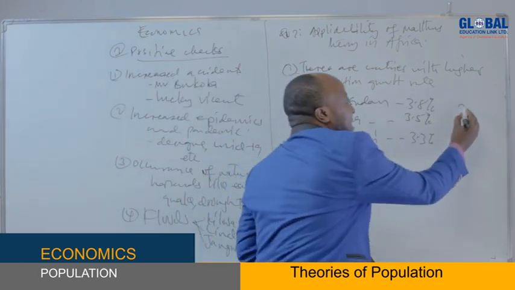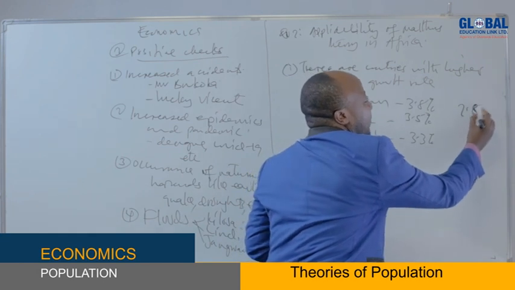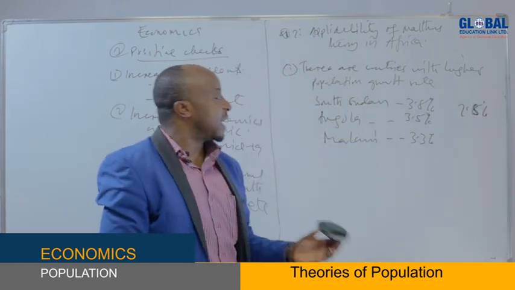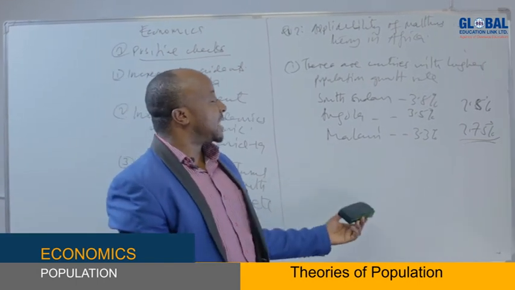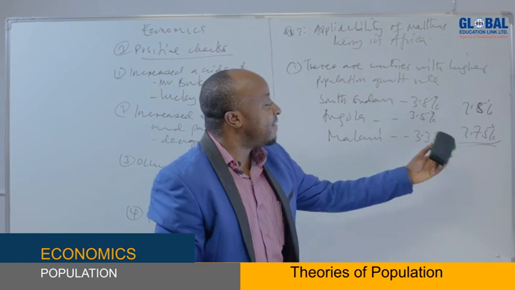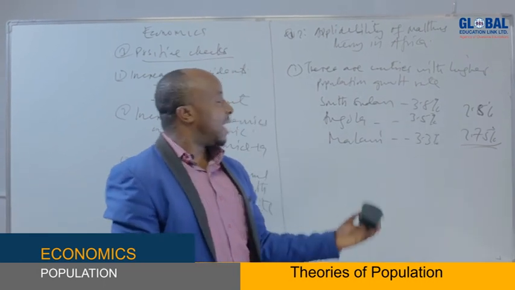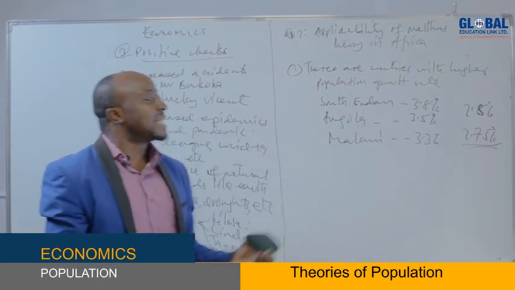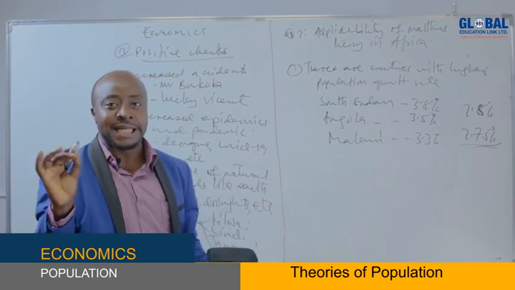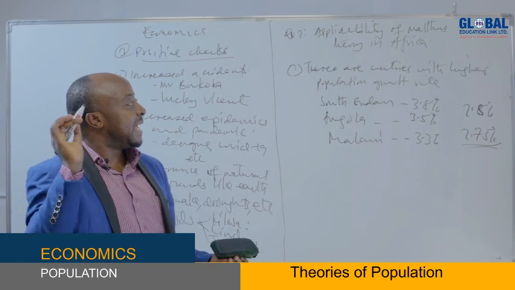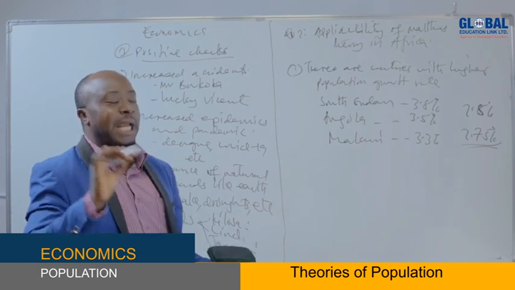For example, in Tanzania, particularly, the population growth rate is going to 2.75, which is almost 2.8. So as I said, in most African countries, the population growth rate is above 2.5%. This is indicating that there is high population growth rate in Africa.